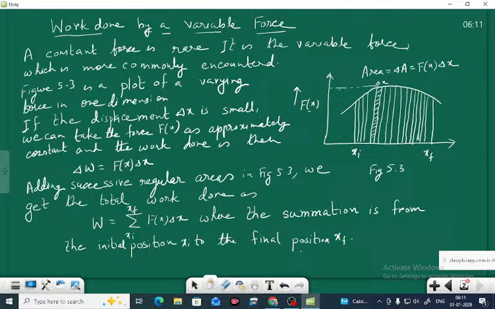If the displacement is allowed to approach 0, now we are getting to the integration part, right?